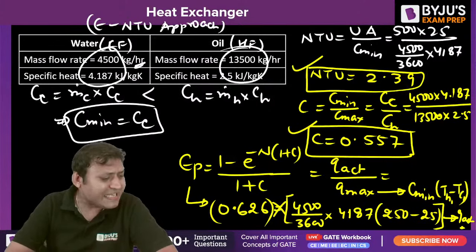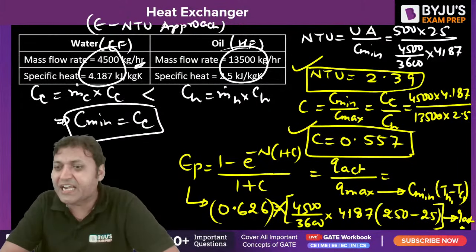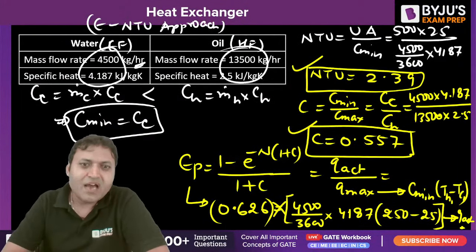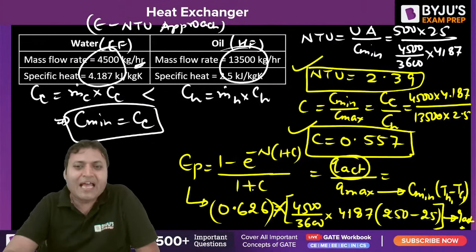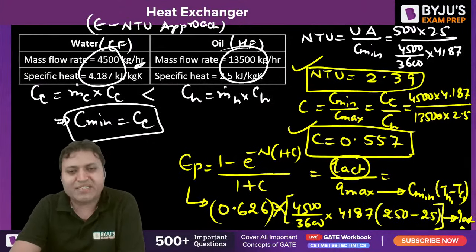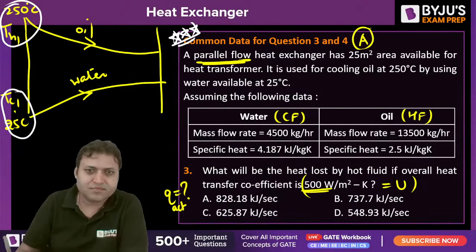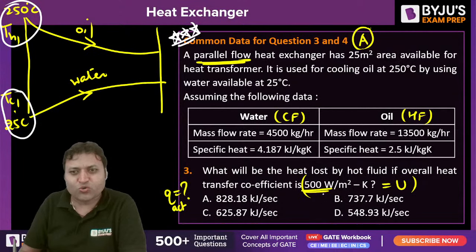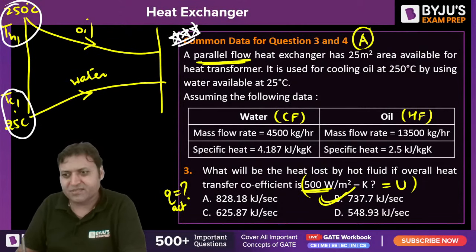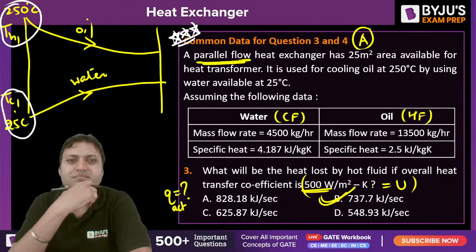Are you guys getting 736.78 or not? Are you getting actual heat transfer rate as 736.78? It is close to 737. Option B. Are you guys getting option B?